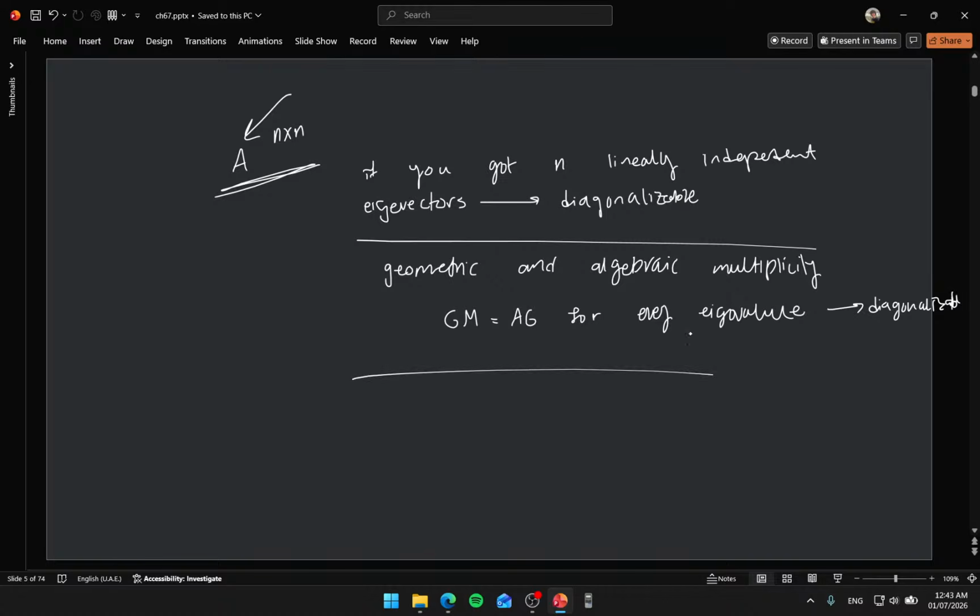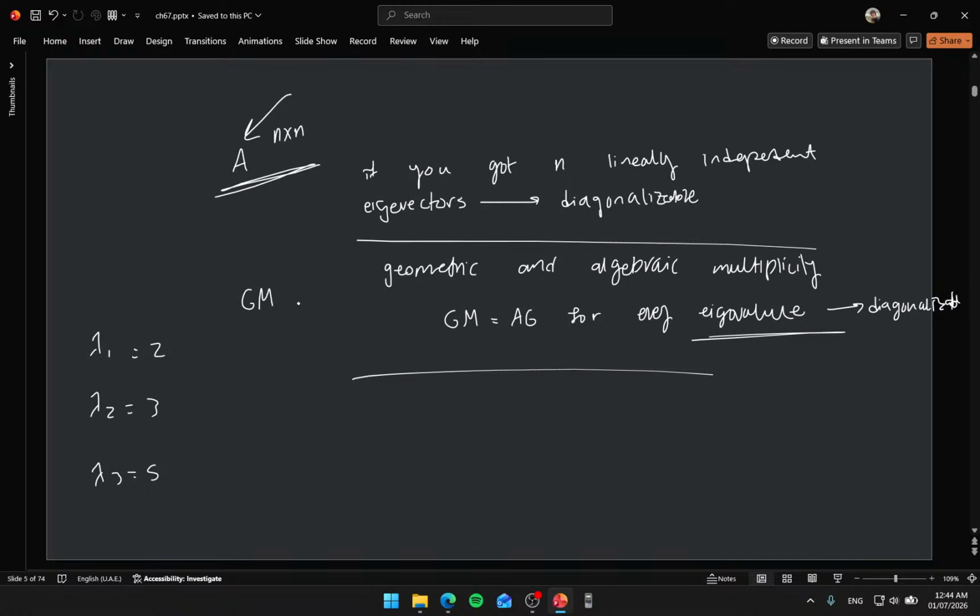So every eigenvalue has 2 properties: geometric multiplicity and algebraic multiplicity. They are just numbers. They're whole numbers, 1, 2, 3. So for every eigenvalue of matrix A, let's say I got lambda 1 equals 2, lambda 2 equals 3, lambda 3 equals 5.